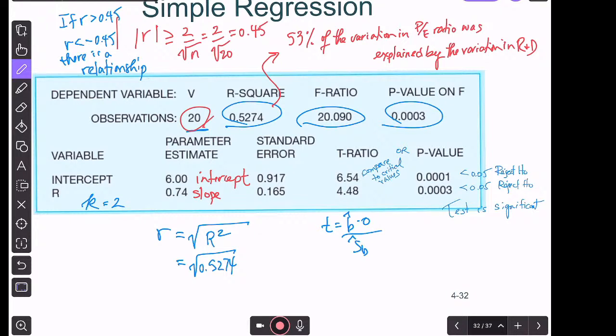And this turns out to be 0.73. So our R for our data is 0.73. All we needed was 0.45, so it looks like we're okay. Okay, got it? If it was negative, you would have to put a negative in front of here and compare it to the negative, but you get the point, I hope.